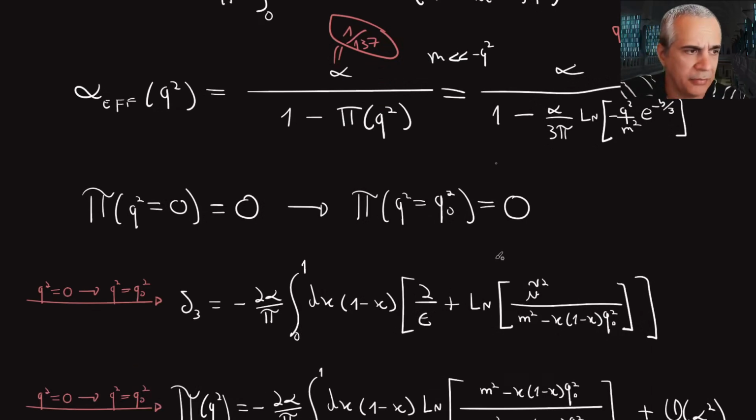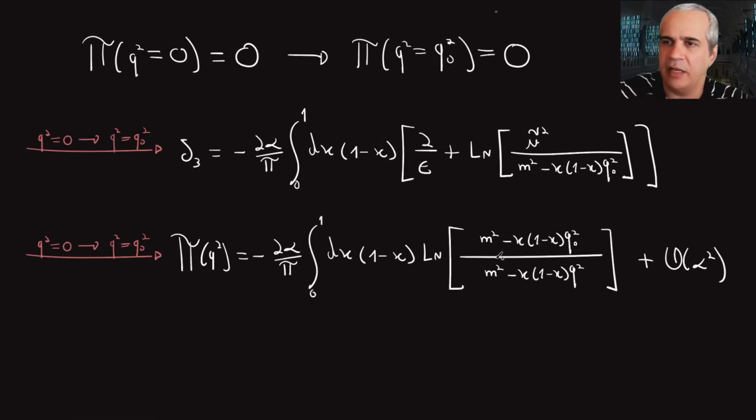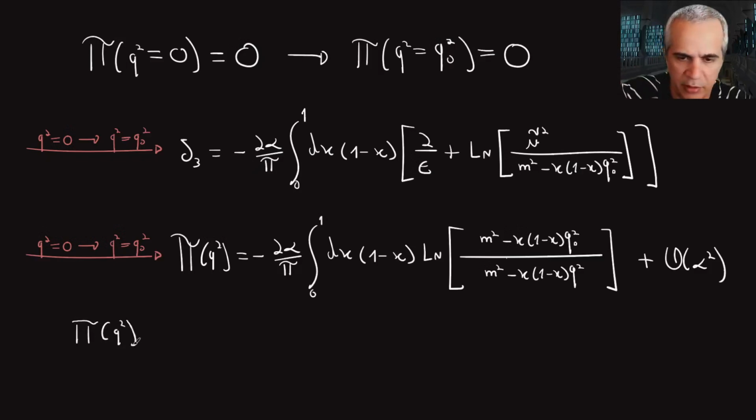So now we can go to the ultra-relativistic limit and remove the electron masses, also assuming that I'll fix this reference point somewhere in the high energy limit. So now pi of Q squared will be just minus alpha over 3 pi, because this integral contributes with a 1/6 here, and the logs become really simple.